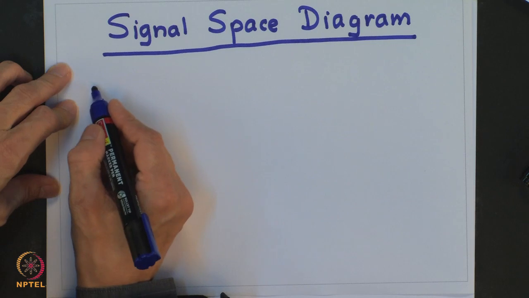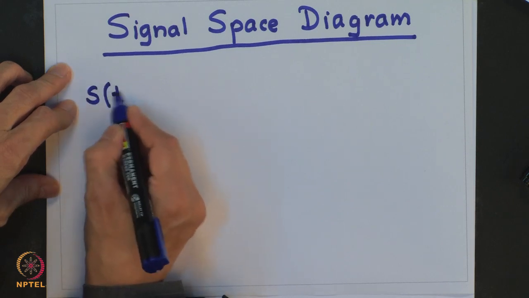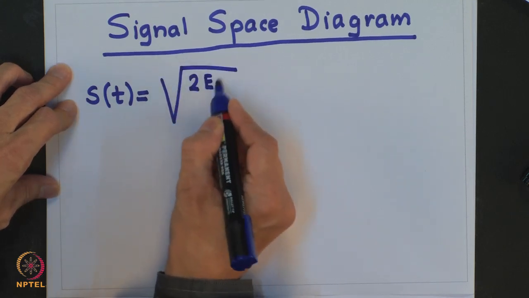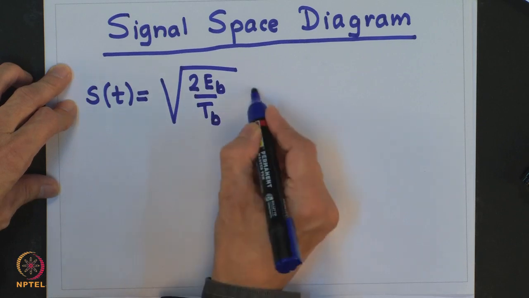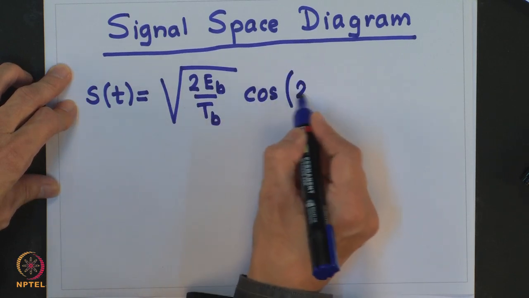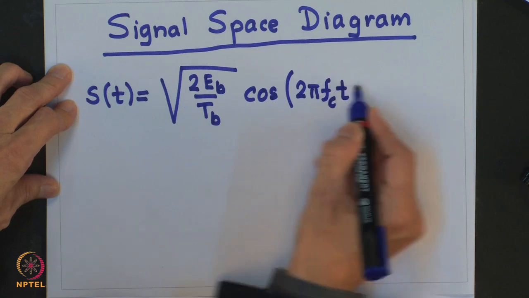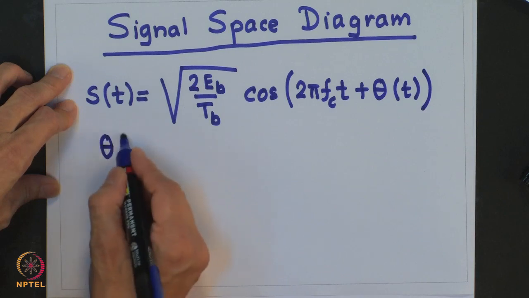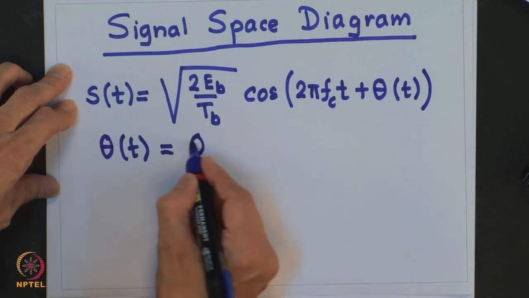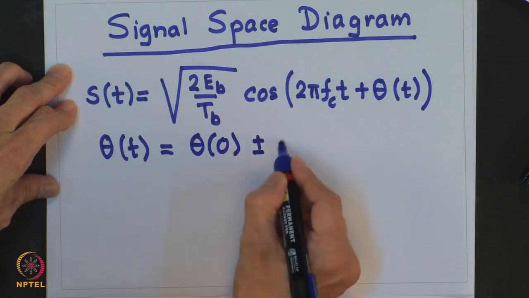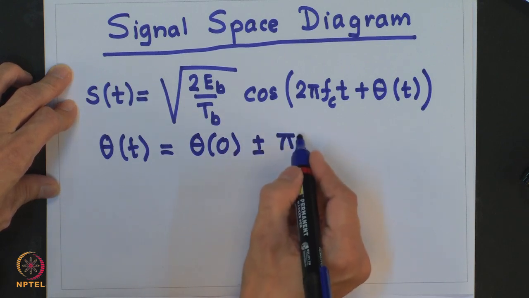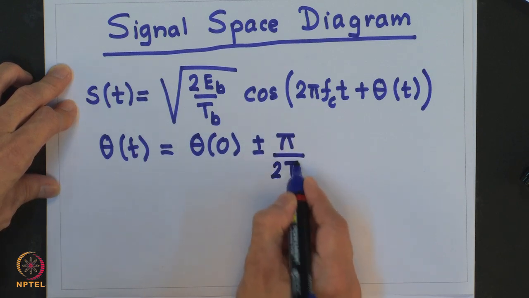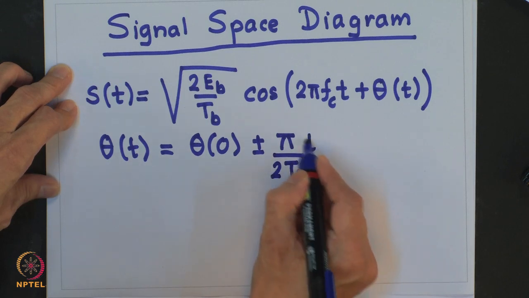So, we have this s(t) given in the form square root of 2Eb by Tb cos(2 pi fc t plus theta(t)), where theta(t) is of the form theta 0 plus pi by h, and in our case we will choose h to be half, so we will write it as 1 by 2 times t.